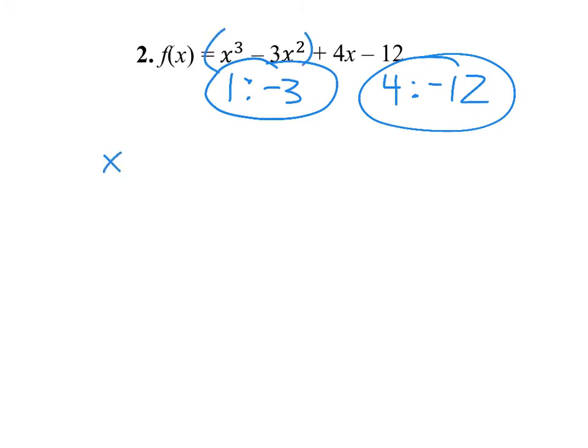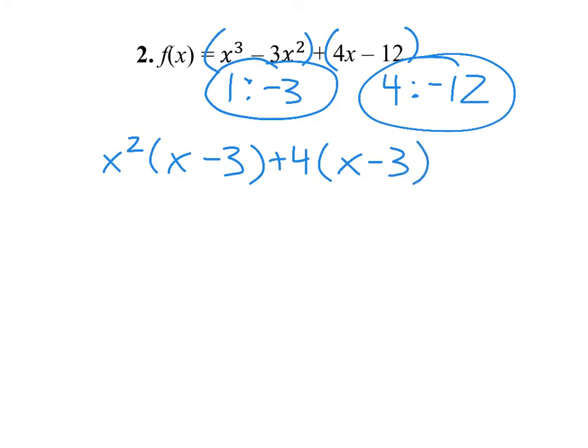We can take out x squared from the first group, leaving x minus 3 in the parentheses. We can take out a positive 4 from the second group, also leaving x minus 3. We're finding the zeros, so equaling it to 0 and solving.